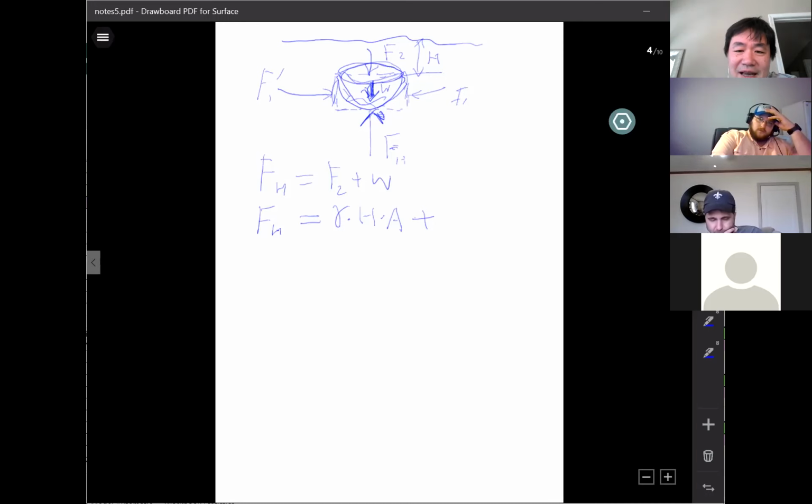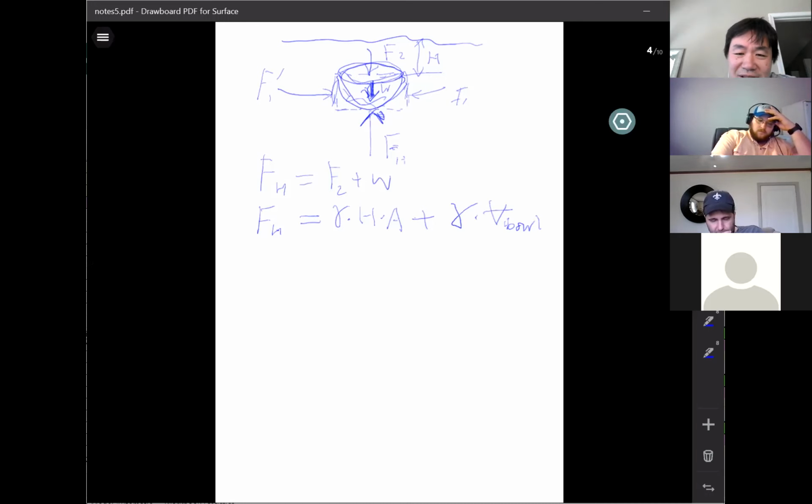Here is gamma times the volume inside. The weight is gamma times the volume inside the bowl. V is the volume of the bowl, gamma times the bowl volume.